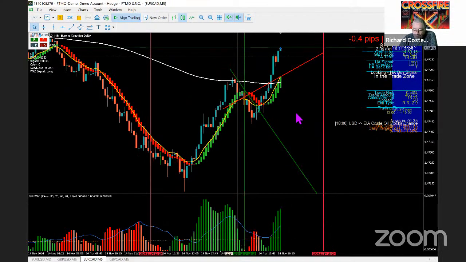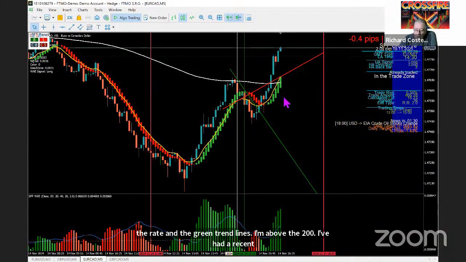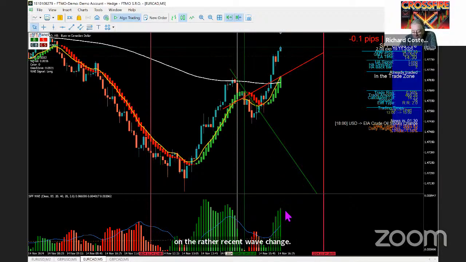Okay, so I'm above the red and the green trend lines. I'm above the 200. I've had a recent MA crossover, and I've had a recent wave change, and this is telling me long because that's set up nice.